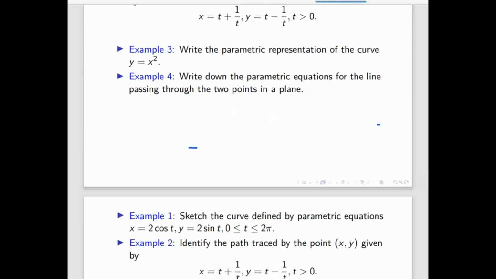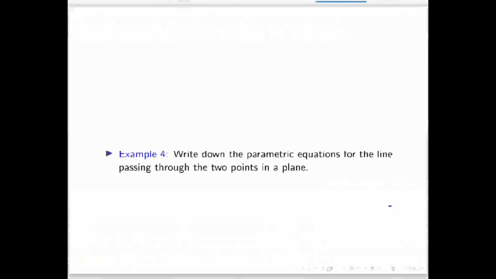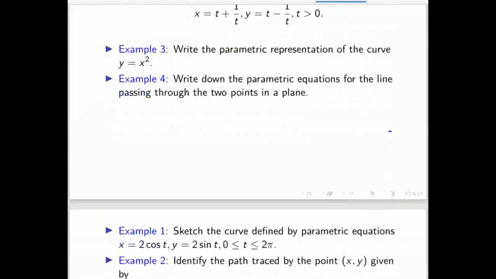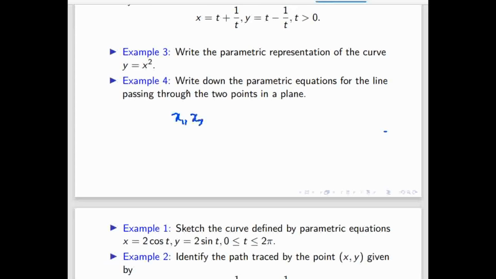One is x1, x2 and x3, and another one is y1, y2, y3. So this is 1 point in 3D, and this is the other point. The question is to find the parametric representation of a line starting from point x1, x2, x3 and going to y1, y2, y3.